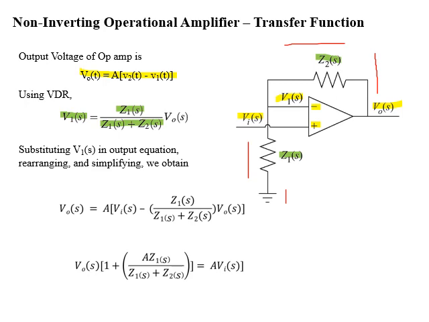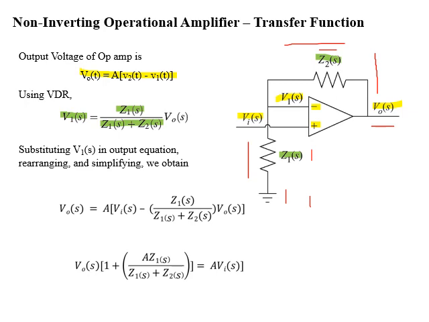In this case, the loop starts from V0 of S, goes through Z2 of S, Z1 of S, and then is grounded. So V0 of S acts as a voltage source here, and this whole term will be multiplied by V0 of S.